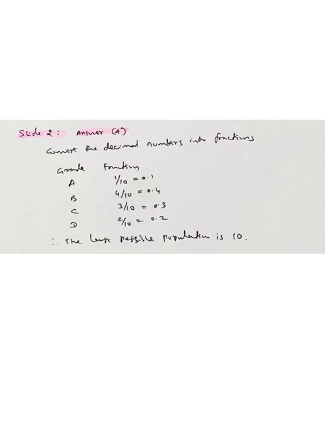You convert the data given in the table as fractions. 0.1 stands for 1 by 10, 0.4 for 4 by 10, 0.3 for 3 by 10 and 0.2 for 2 by 10. So in all these fractions, the denominator is the same, that is 10. Therefore, the least possible population could be 10.